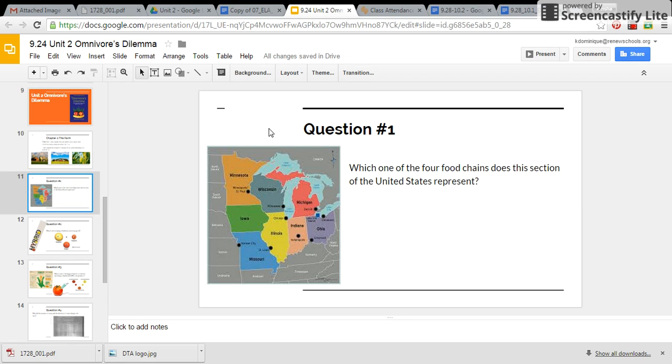Remember, Pollen breaks down this book into 4 basic food chains: the industrial, organic, local sustainable, and hunter gatherer. So the first section that he's presenting is the industrial meal, where food comes from large farms and is shipped to all different states. But it comes from large farm areas.